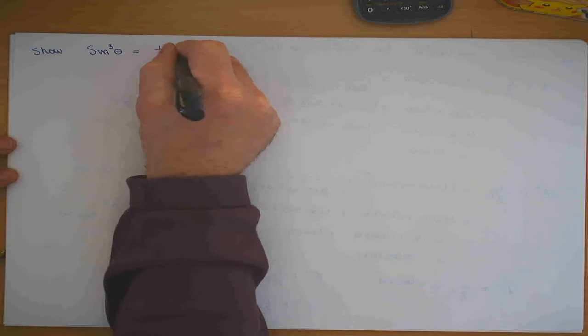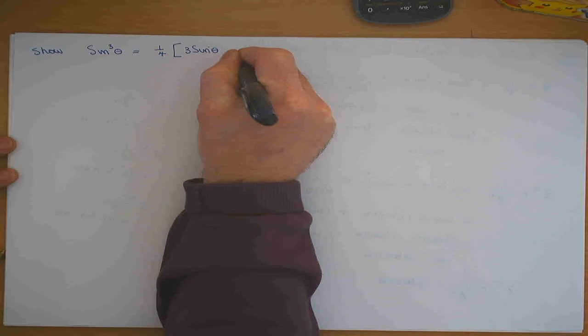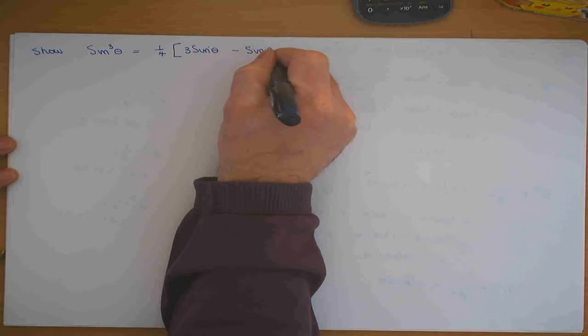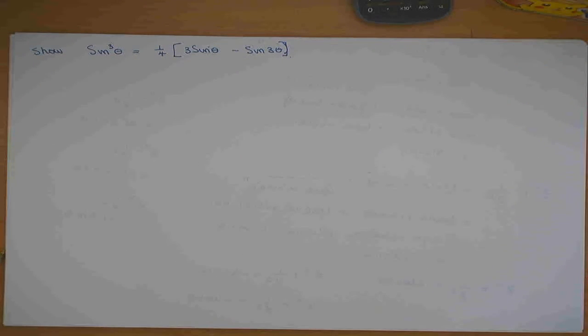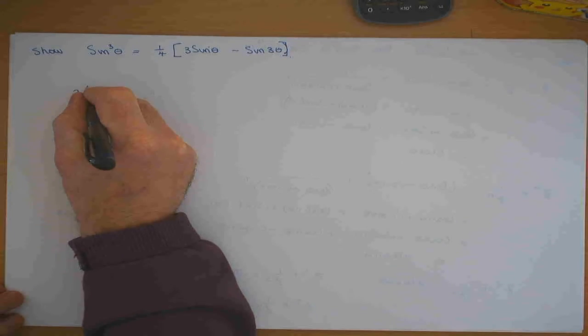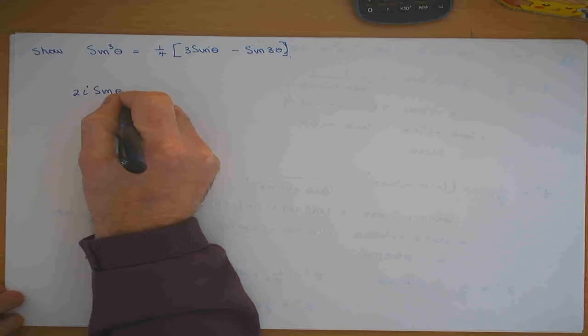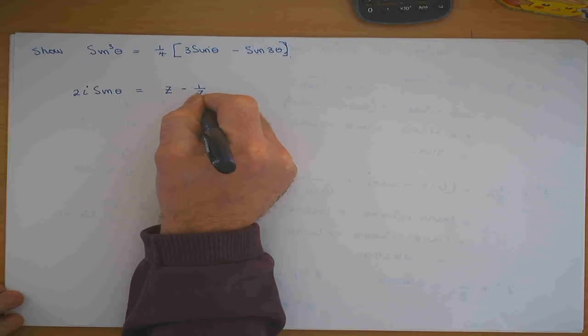show that sine cubed theta is equal to 1/4 (3 sine theta minus sine 3 theta). If I'm asked to find sine, I start with 2 iota sine theta is equal to z minus 1 over z.